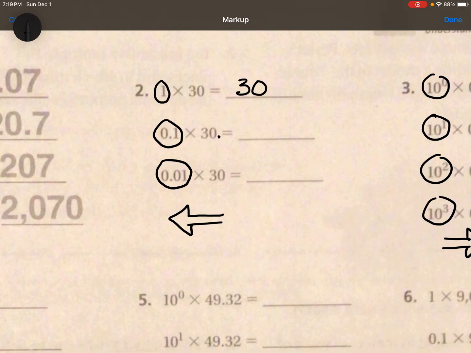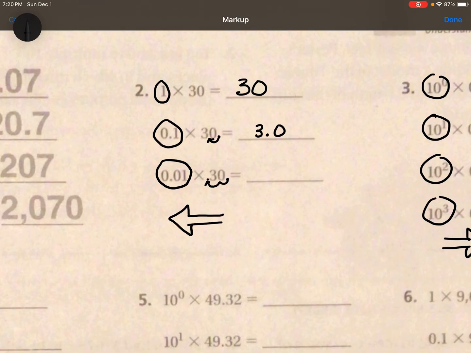1 times 30 is 30. 0.1 times 30. So remember, the decimal actually belongs at the end of 30, and then we're going to move it. So if we're moving it 1/10, we're going to be moving it 1 spot to the left, and our number goes from 30 to 3.0.